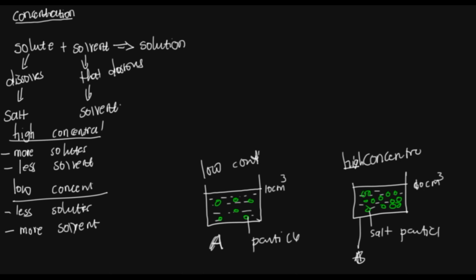Now let's look at the formula for concentration. Concentration can be calculated by an equation. Concentration is equal to the number of moles of solute divided by the volume of the solution.